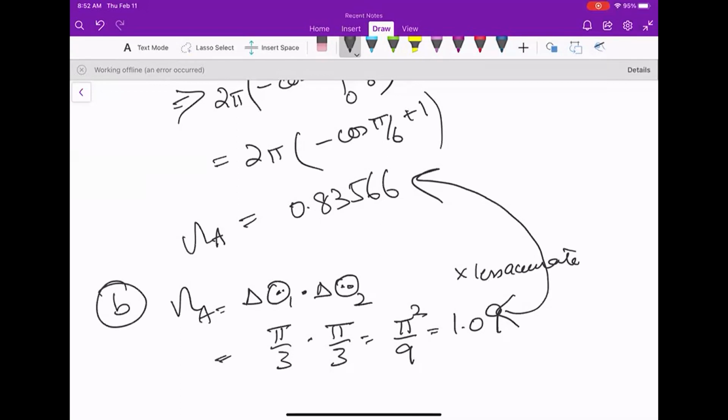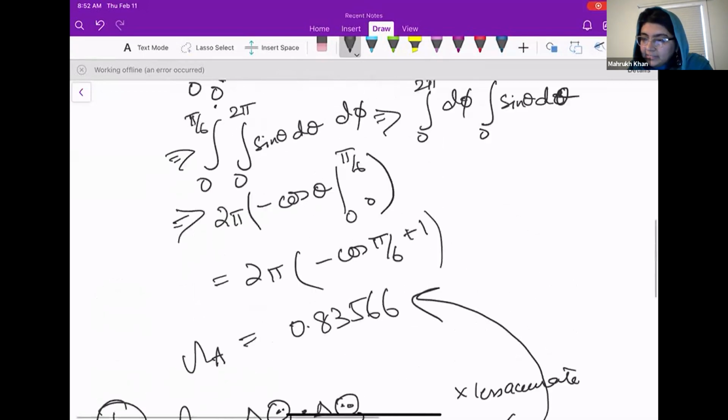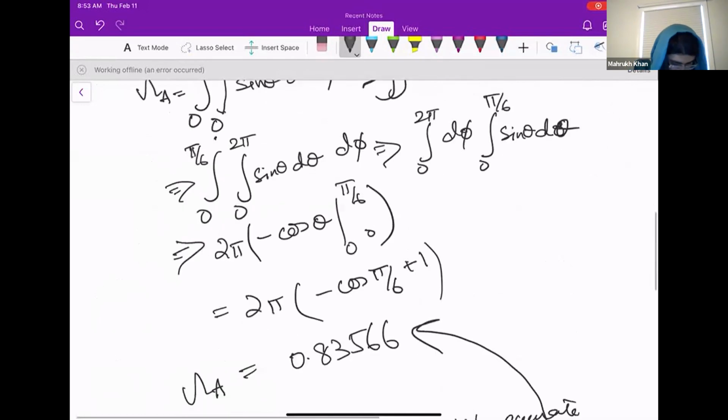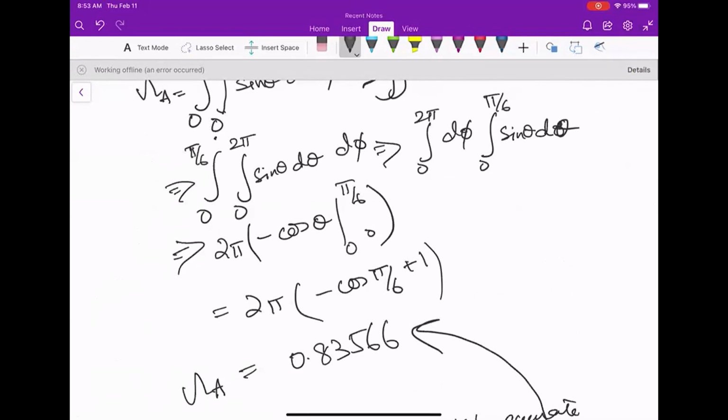Was the pi over 3 given? Yes, so they said that pi by 3 or approximate angle is this theta. Theta's maximum angle, that is pi by 3. Oh, no, 1 minute. This pi by 6, right?